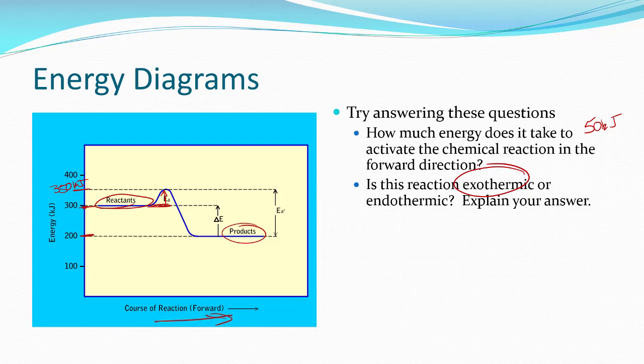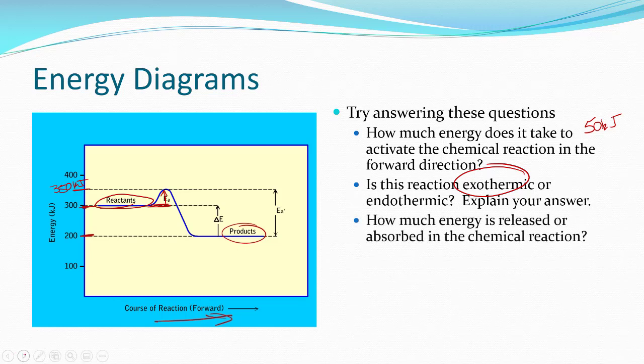So the next big question I could potentially ask is, how much energy is released or absorbed in the chemical reactions? Because we said this is exothermic, that means it's losing energy, negative, losing, okay?